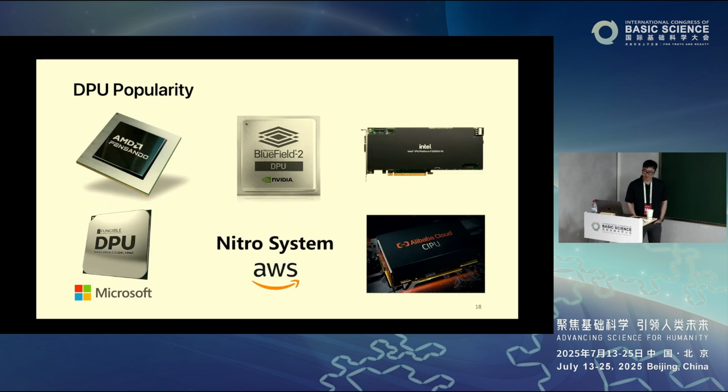And DPUs are very popular now. It's not just NVIDIA. Almost every hardware vendor is offering DPUs, including AMD, NVIDIA, Intel, and some other DPU startups. And cloud providers like Microsoft, AWS, and Alibaba are also making their own DPUs.